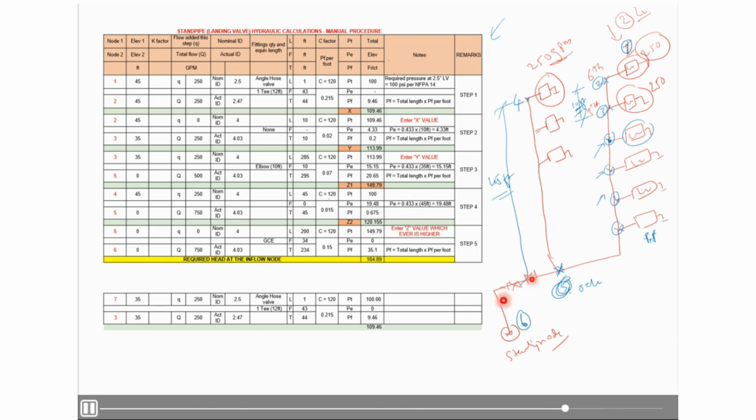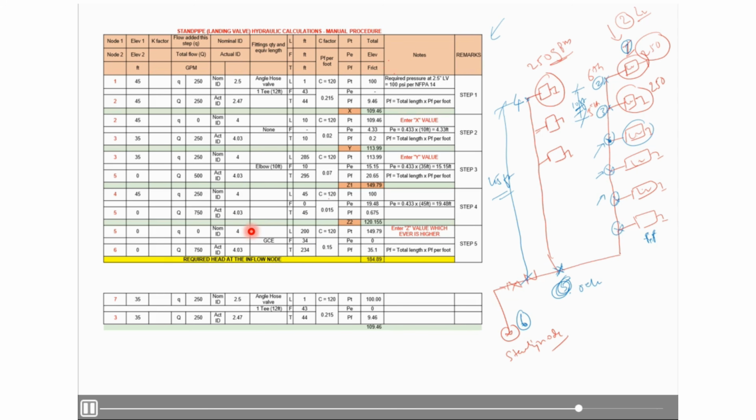From 5 to 6 I am considering this 149.79 requirement, and elevation pressure 0, PF will be 35.1. So I am going to get about 184.89. Here we can consider 4-inch or 6-inch. Just put 6-inch and check how much friction loss you get by using the friction loss formula.